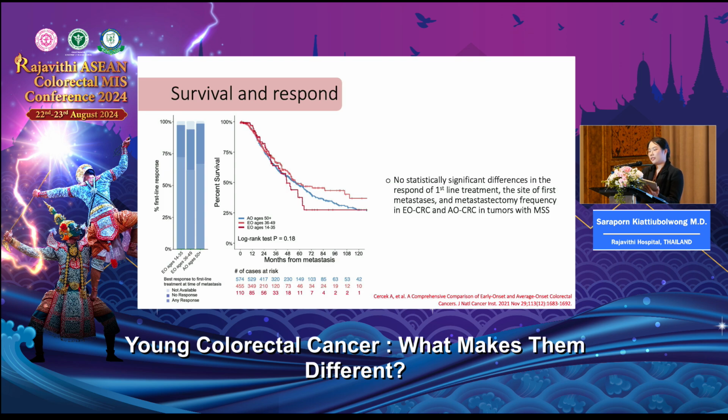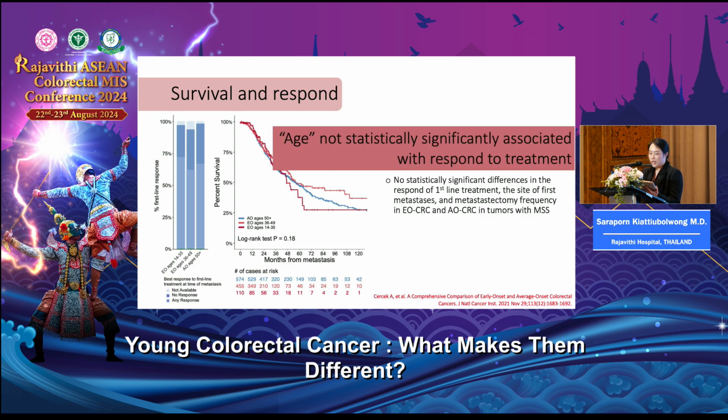Then we look at survival and response. They did not find any difference in the response to first line treatment, the site of first metastatic area, or the outcome of the metastasis.